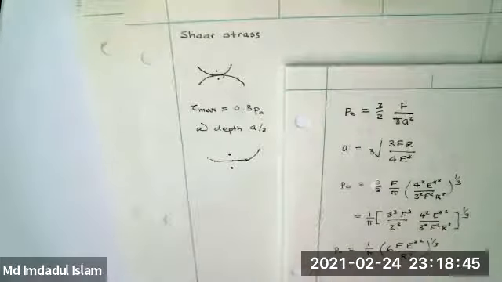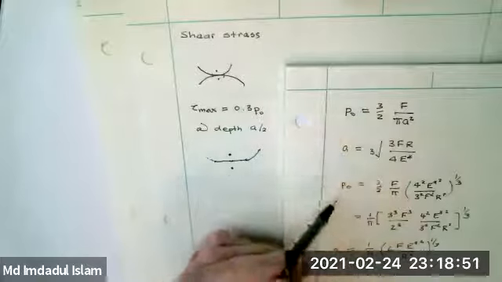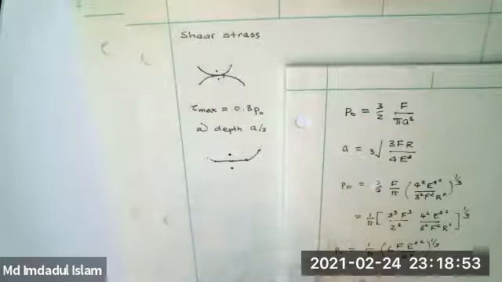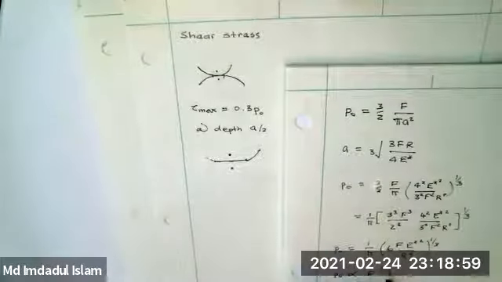As I said with the cylinder stuff, you can often just calculate A, then use this formula to get P naught. But what does this teach us? It teaches that P naught is proportional to F to the 1/3.